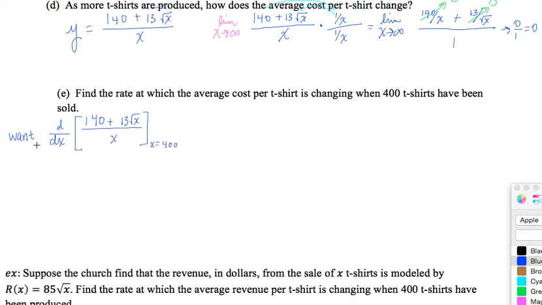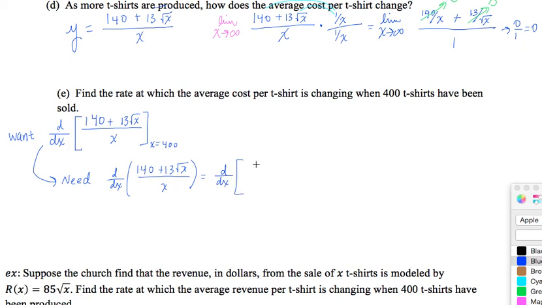First we need to find the general derivative of 140 plus 13 root x all over x. You can use the quotient rule, or, because there's only one term in the denominator, you can split this into two fractions and use the power rule, which is what I'm going to do.